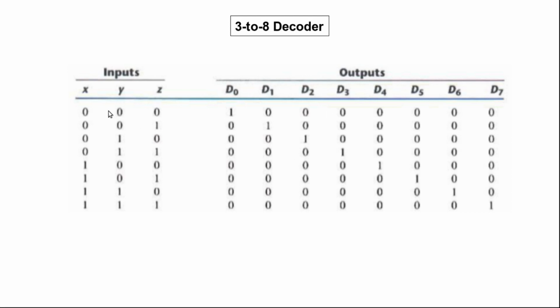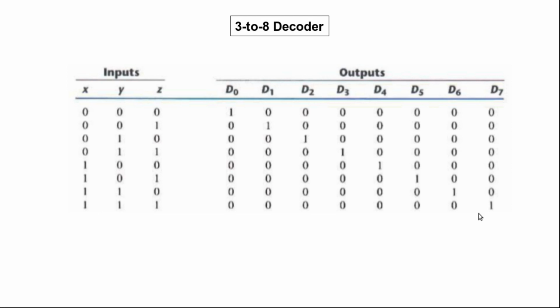For example, when the input is 0 0 0, D0 is 1. When the input is 101, that's decimal 5, then D5 is equal to 1. And when the input is equal to 111, which is decimal 7, then D7 is equal to 1.